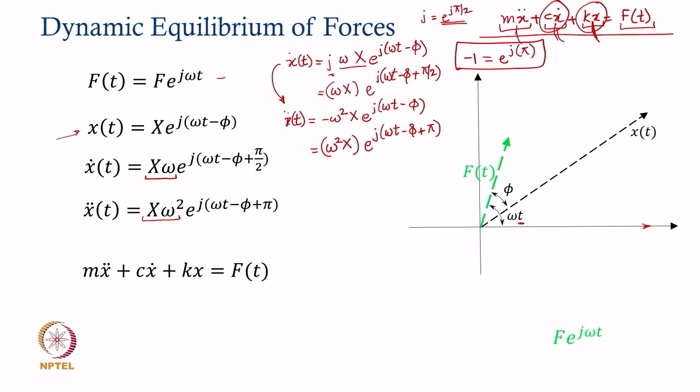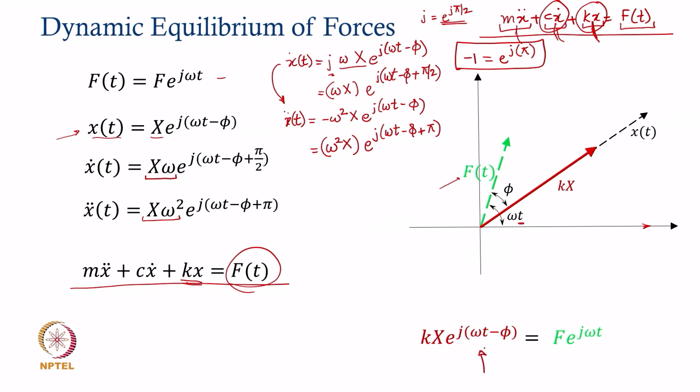So, I am going to focus on this governing equation of motion and show these forces. The first of these forces, the externally applied force F e to the power j omega t, is already represented here, as you can notice. The restoring force Kx, if you replace x(t) here, is going to be k into capital X e to the power j (omega t minus phi).